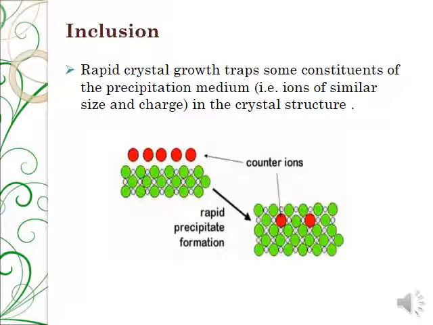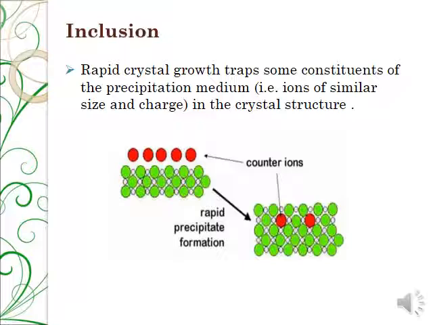So what is inclusion? Inclusion is rapid crystal growth which traps some constituents of the precipitation medium, for example, ions of similar size and charge in the crystal structure.